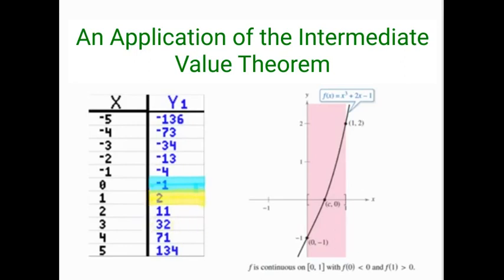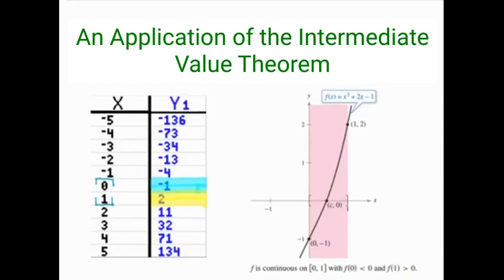So once you identify the y interval where there's a change in sign, then you look over to the corresponding x values to identify the closed interval that contains the 0. So in our case, the closed interval is going to be from 0 to 1. And then looking at the graph, it's pretty obvious that we have a 0 right here, c, that's between the x values of 0 and 1.